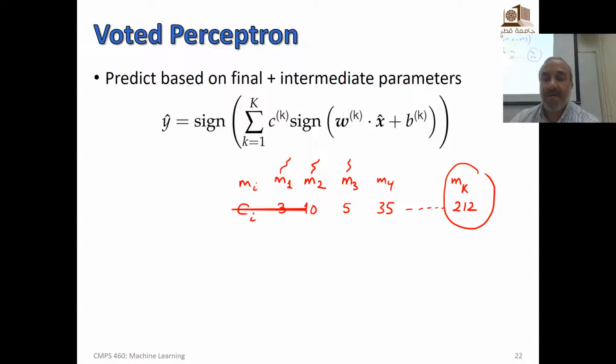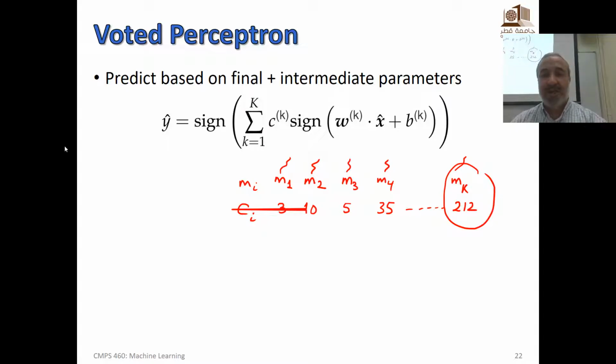M3 multiplied by 5. M4 multiplied by 35. MK multiplied by 212. Then we sum all of these numbers. Okay? So this is like allowing every model to say its opinion or its vote or its prediction, but it will be weighted by how good the model is.